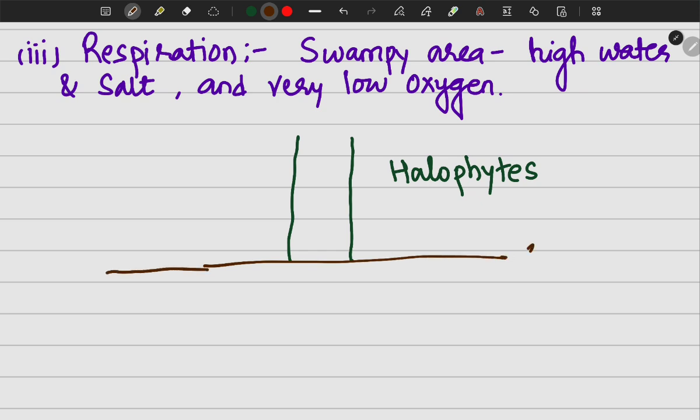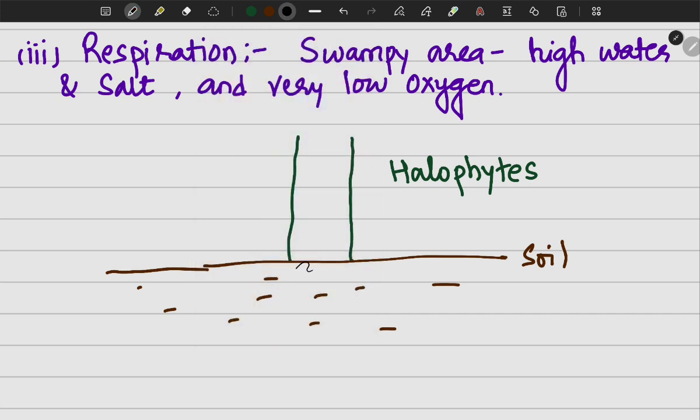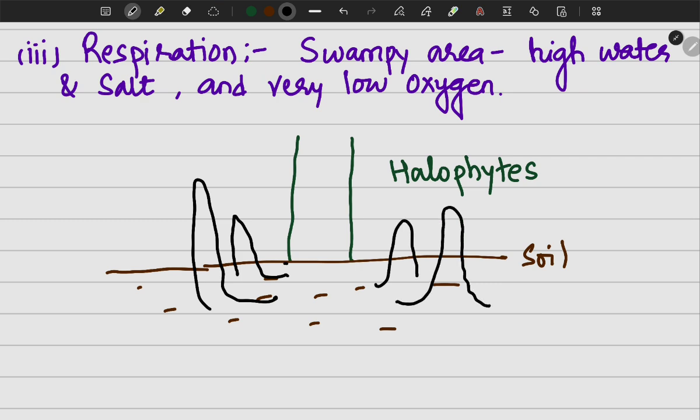This is the soil. So what happens? These roots come out of the soil. They grow vertically upwards, they come out of the soil, and then they absorb oxygen from the atmosphere.